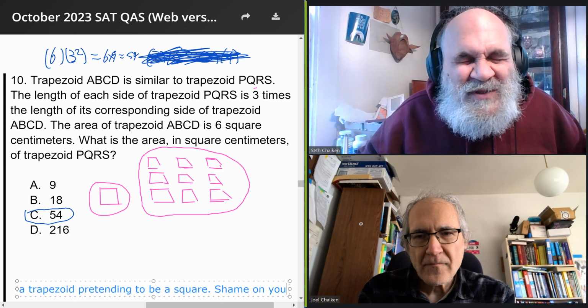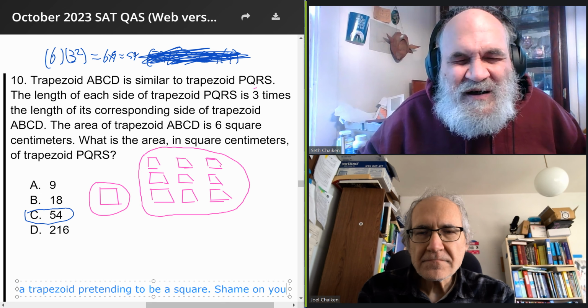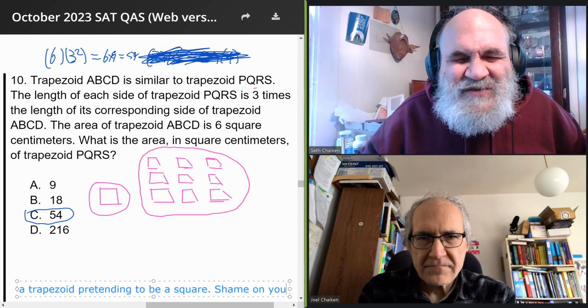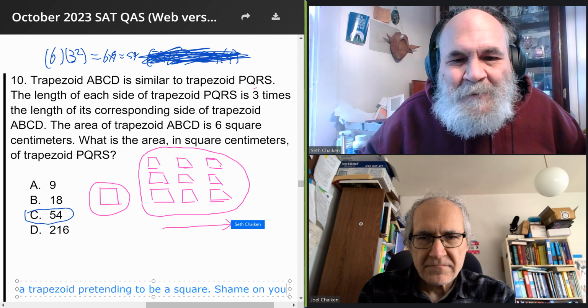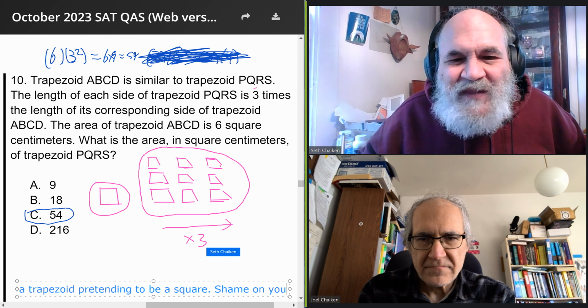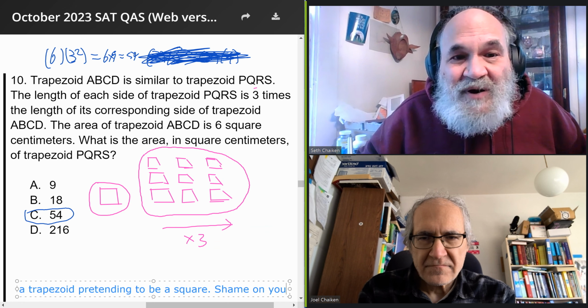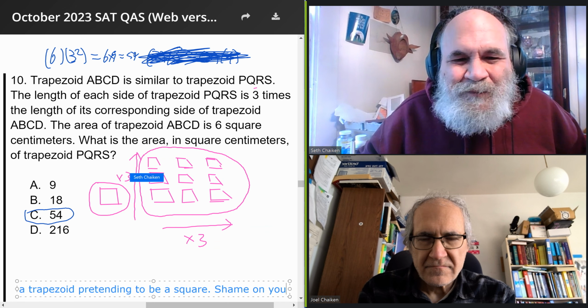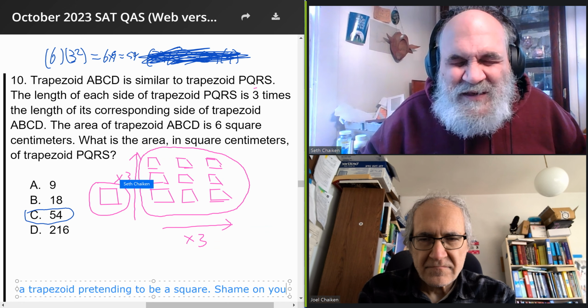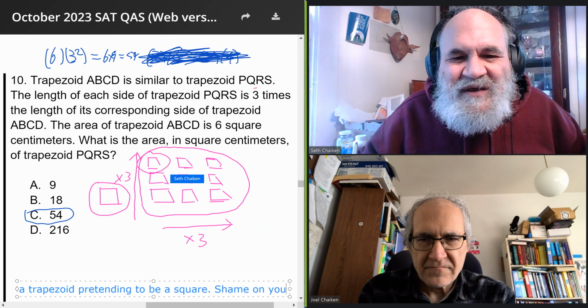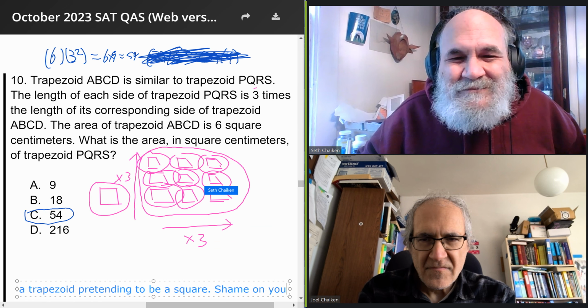And so the number of duplications of the original figure, well, when you expand it by 3 in the first direction, and expand it by 3 in the vertical direction, the total sum of the areas is the original times 3 times 3.